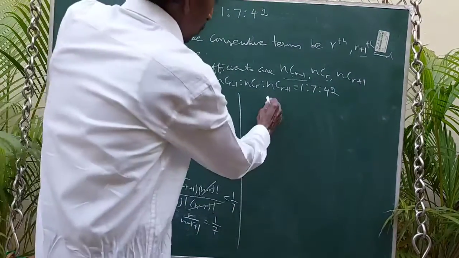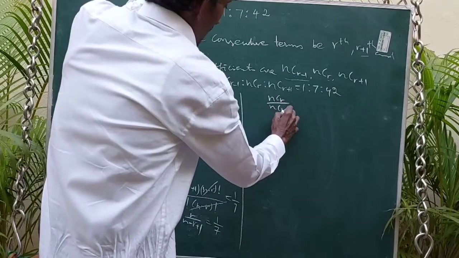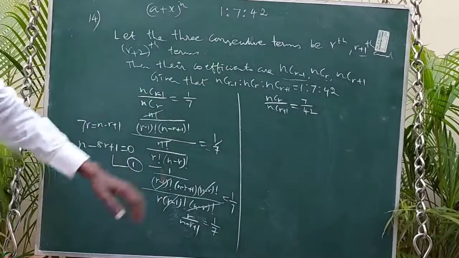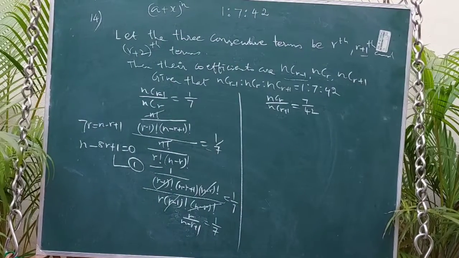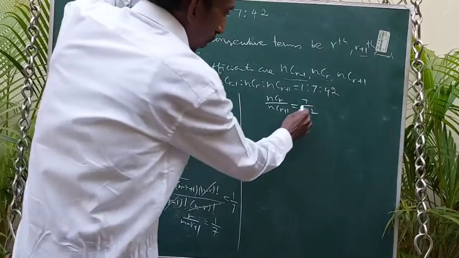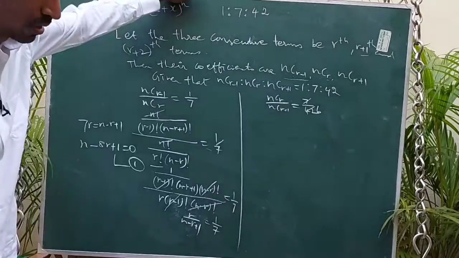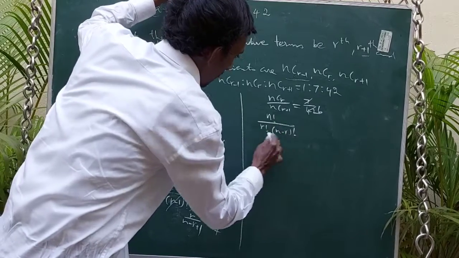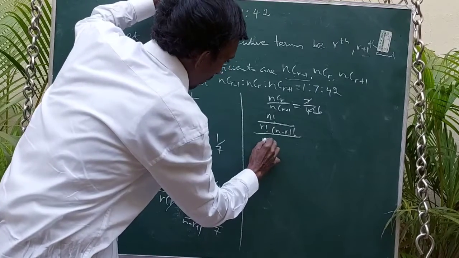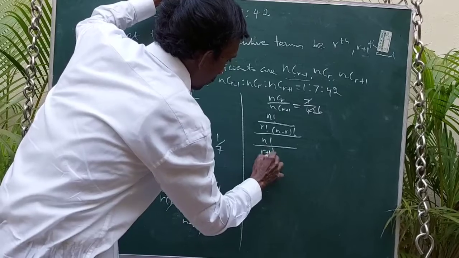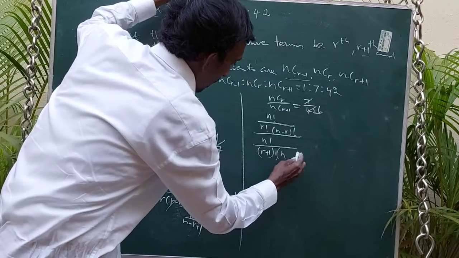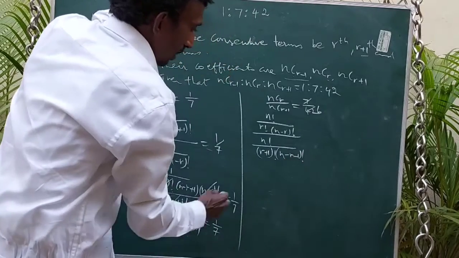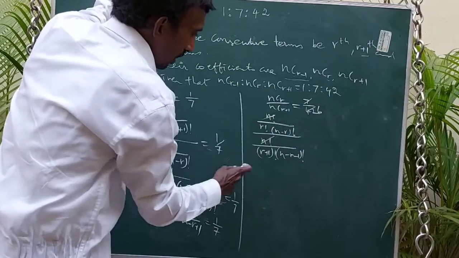Similarly, if we take these two, NCR by NCR plus 1 equal to 7 by 42. So 7 by 42, it is cancelled by 7, 1 time, 6 times. Thus n factorial by r factorial into n minus r factorial by n factorial by r plus 1 factorial into n minus r minus 1 factorial. N cancels.